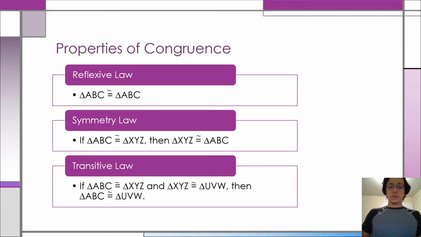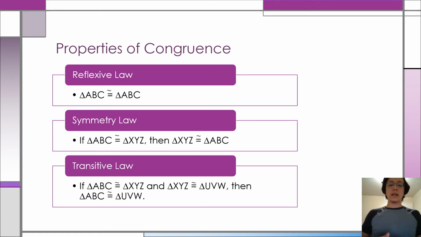Now, with the transitive law, if the triangle ABC is congruent to triangle XYZ, and triangle XYZ is congruent to triangle UVW, then triangle ABC is congruent to triangle UVW. This does not hold if triangle ABC is not congruent to triangle XYZ, because for ABC to be congruent to UVW, triangle ABC must be congruent to the middle or the second triangle out of the three in order to be congruent to the third.